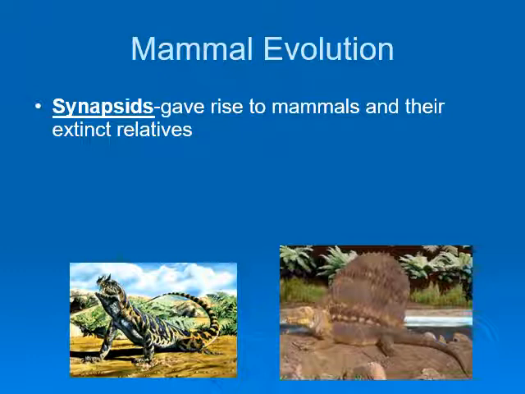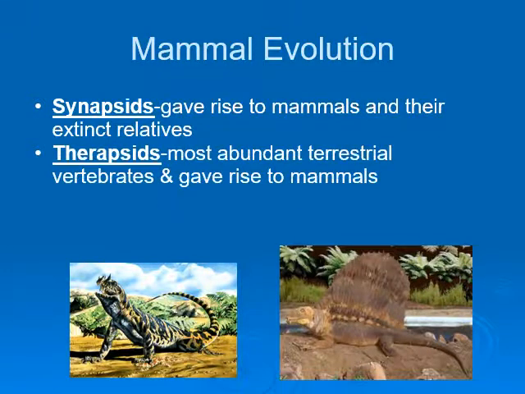Now, the earliest mammal ancestors, like the synapsids, they didn't look much like mammals, but they did have some similarities to us in their jaws and in the way that their teeth started to form and the way that their limbs started to be located directly underneath their body. So synapsids look like they gave rise to mammals and their extinct relatives.